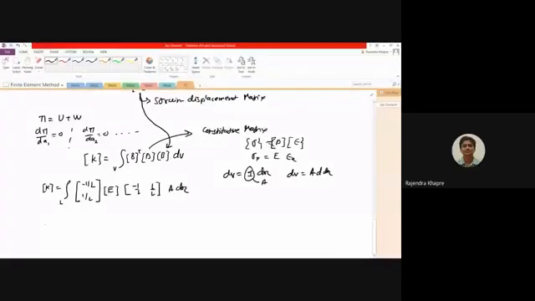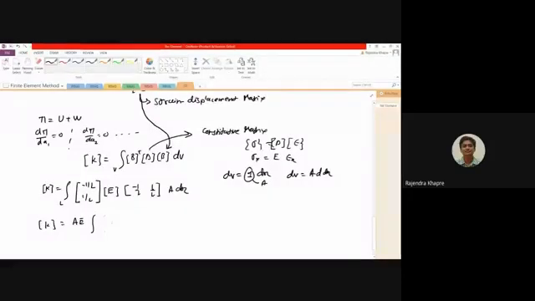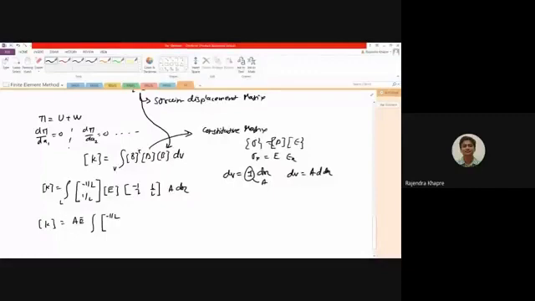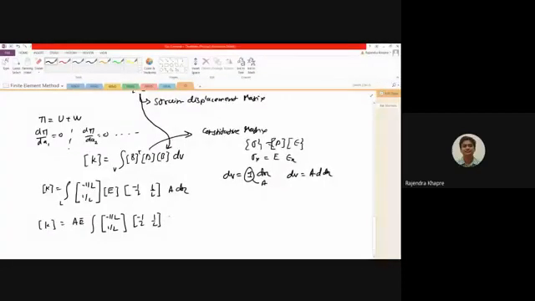Simply your K can now be calculated as, I am taking out A and E outside because they are constant. All you have is a multiplication of two matrices, minus 1 upon L, 1 upon L over here, and minus 1 upon L and 1 upon L over here, into dx.